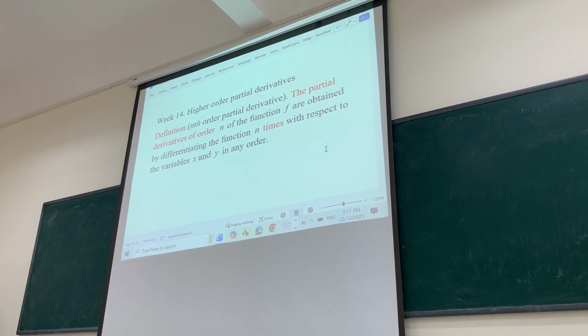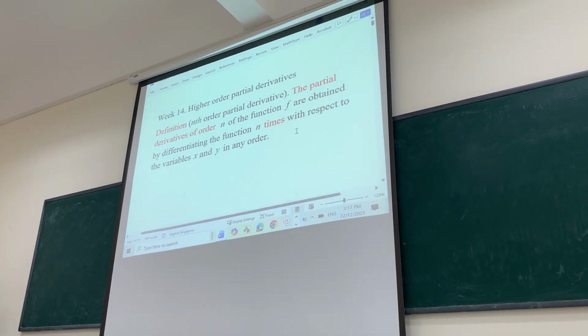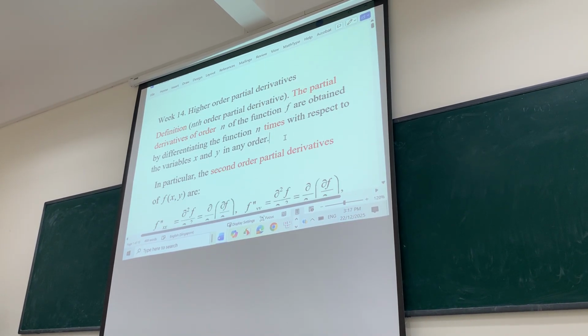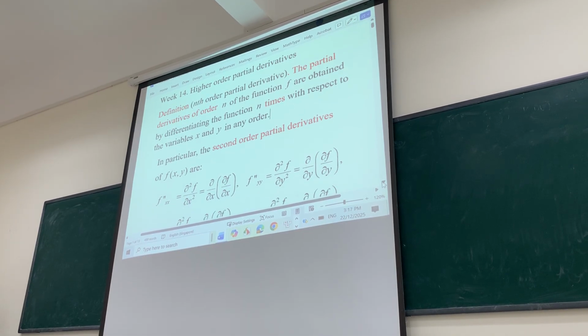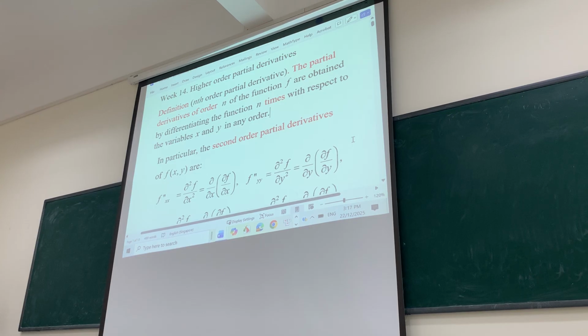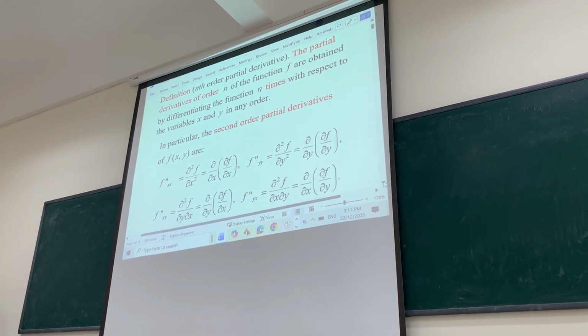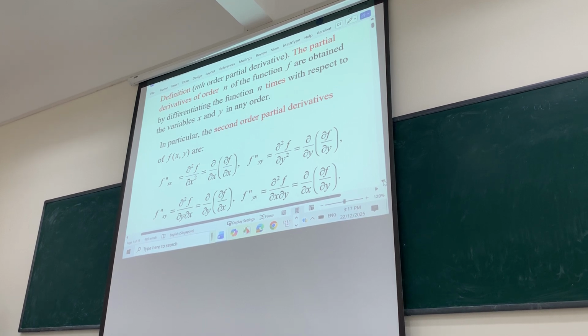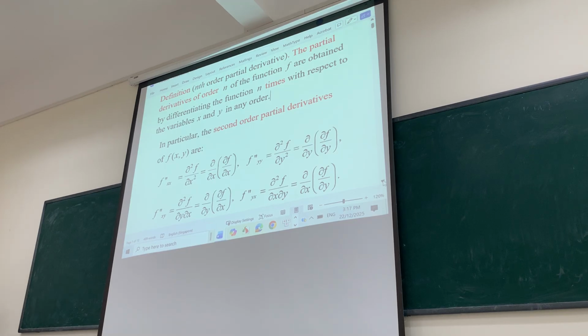For simplicity, imagine the second order partial derivative for two variable functions. In particular, when we take n equal to 2, we have the second order partial derivative. In this, we take the derivative of the function twice with respect to variables x and y in order.